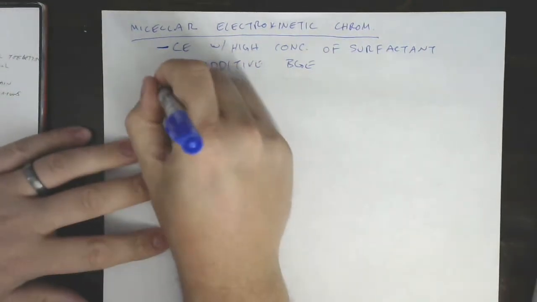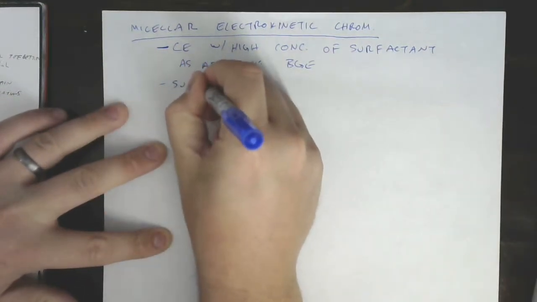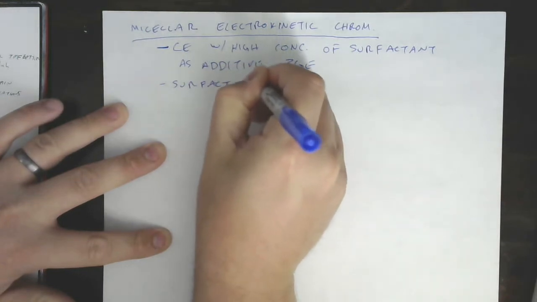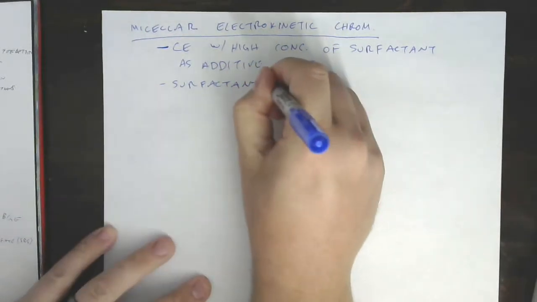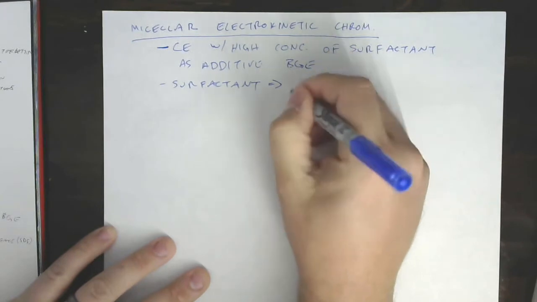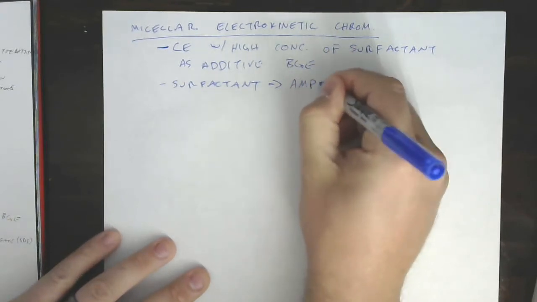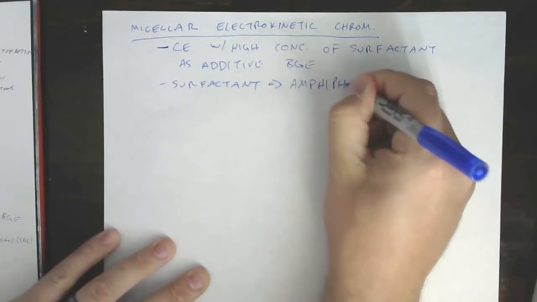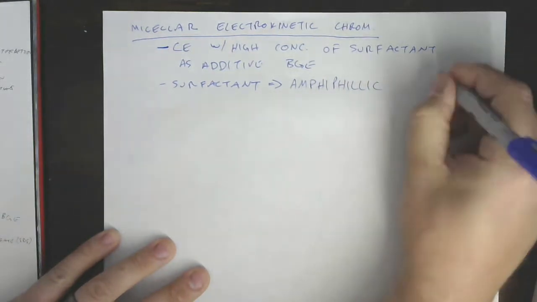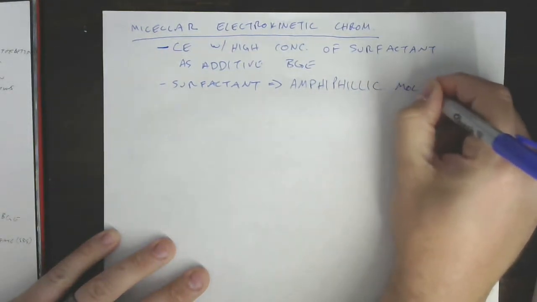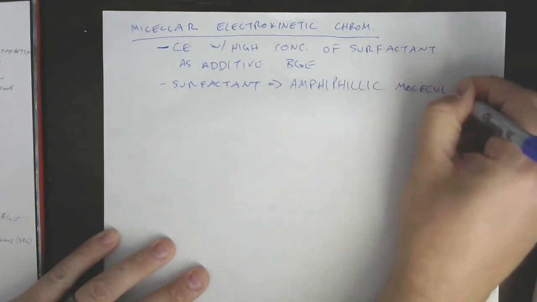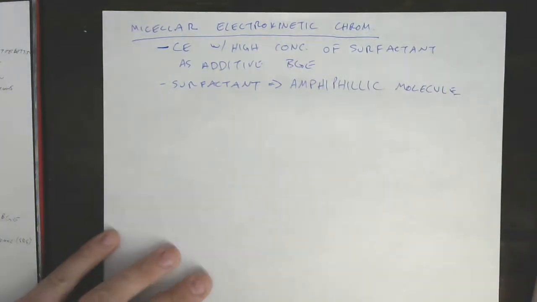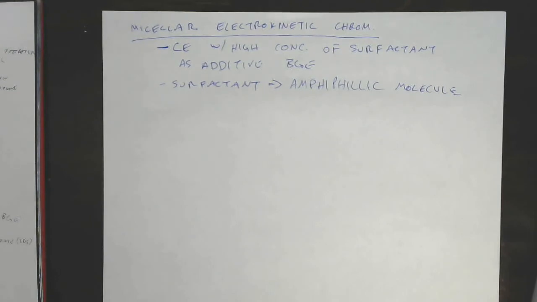So let's look at what a surfactant is, just for those who are not familiar. A surfactant is essentially, there's a fancy word for this, an amphiphilic molecule. So we think about hydrophobicity and hydrophilicity. Sometimes we call hydrophobicity, so water hating, lipophilic, oil loving.